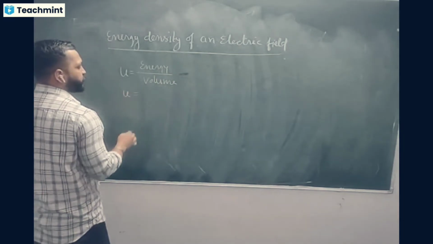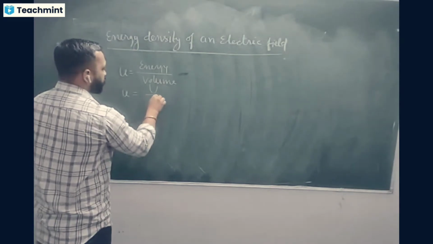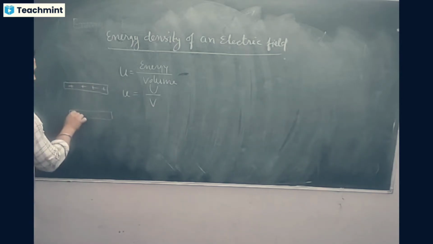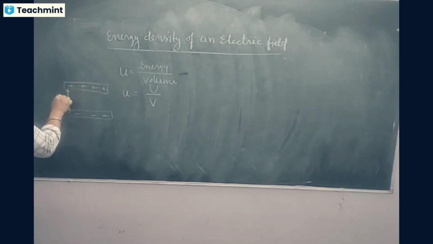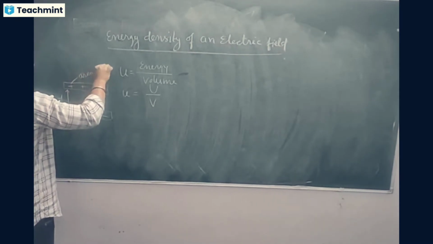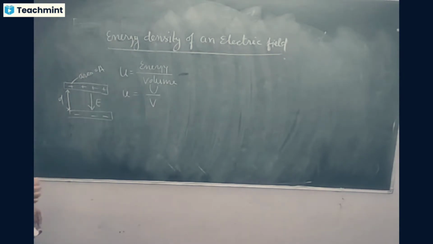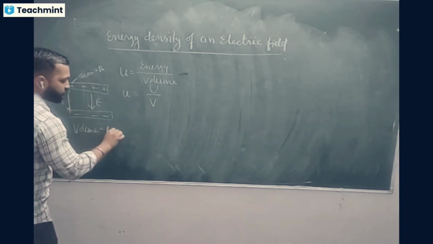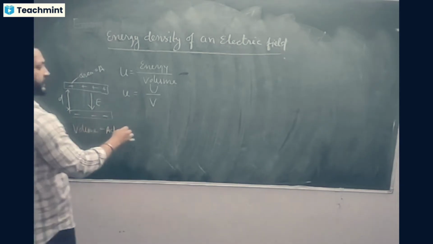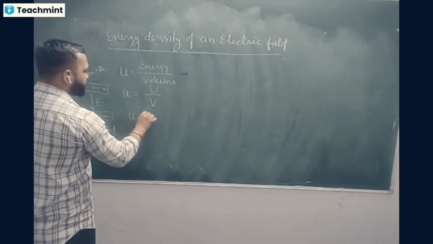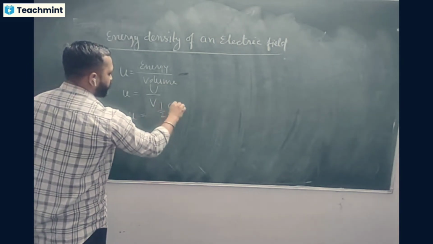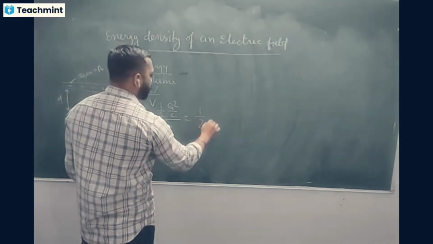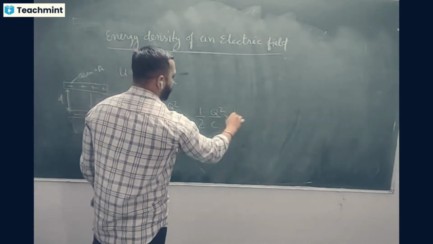Here small u denotes the energy density, capital U upon V. Now if we are talking about a parallel plate capacitor, the separation is D, the area of the plate is A, and the electric field between the plates is E. The volume is area into separation, and the formula of energy is half Q square upon C. So U is equal to half Q square upon C upon V, which becomes half Q square upon C into 1 upon V.